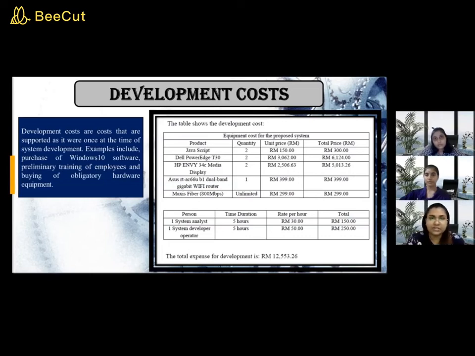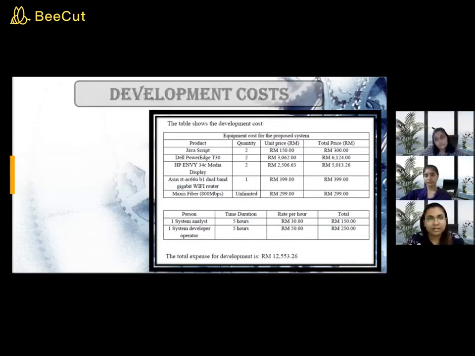Time duration for the one system analyst is 5 hours and rate per hour is 30 ringgit and total is 150 ringgit. And the time duration for the one system developer operator is 5 hours and the rate per hour is 50 ringgit and the total is 250 ringgit. The total expense for development is 12,553 ringgit and 26 cents.